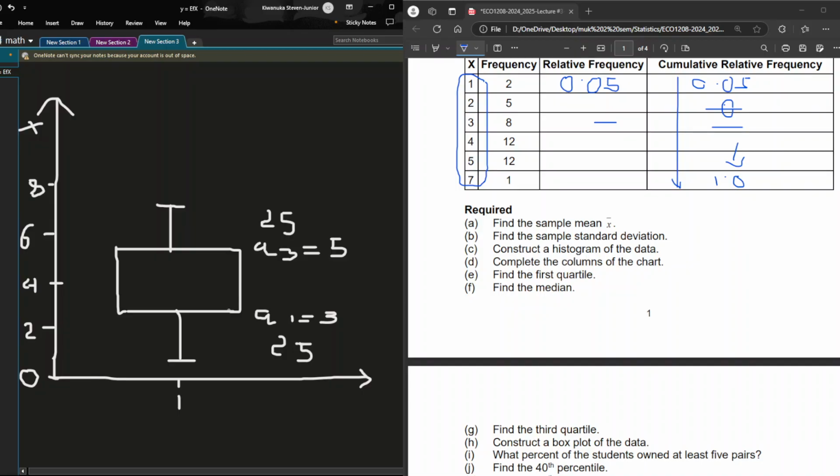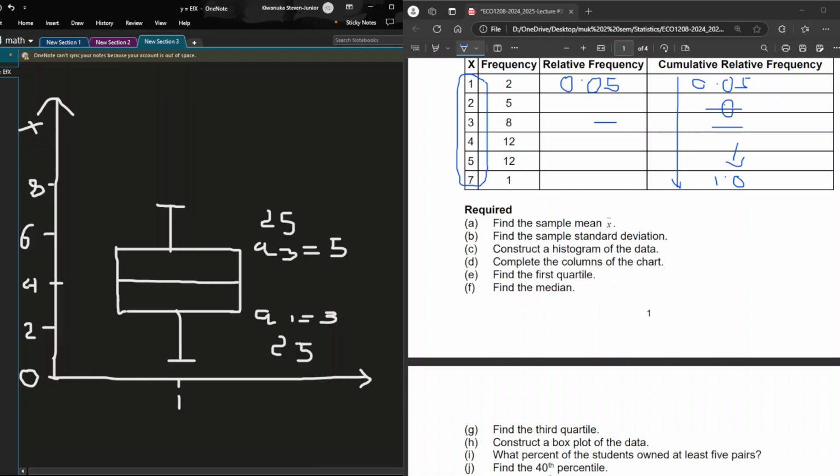Then we come to mean and median. Mean is always that line which is straight and solid. Emphasis is on solid, and obviously it has to be straight, while the median is that line which is straight and dotted. So our mean was 4, so we come to 4 and draw a solid line.